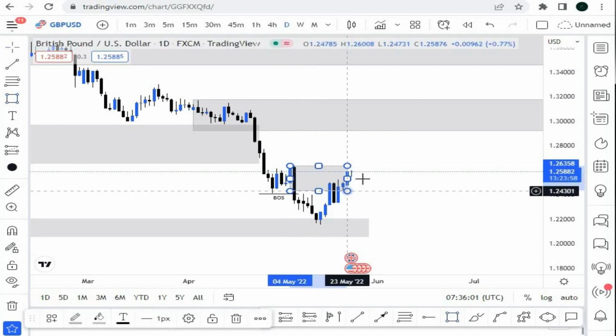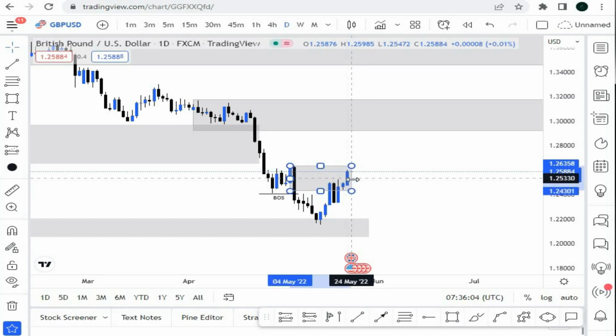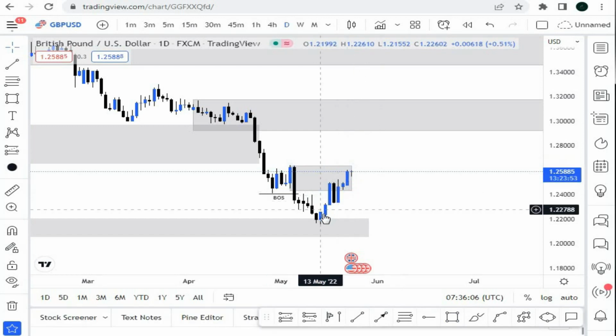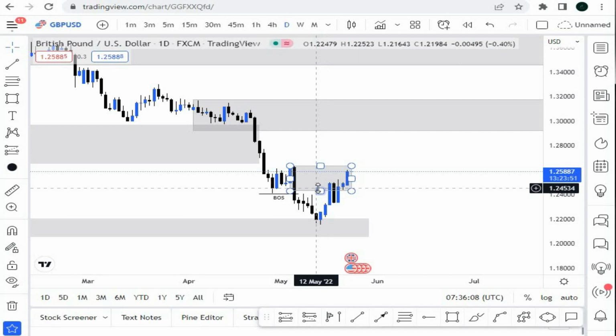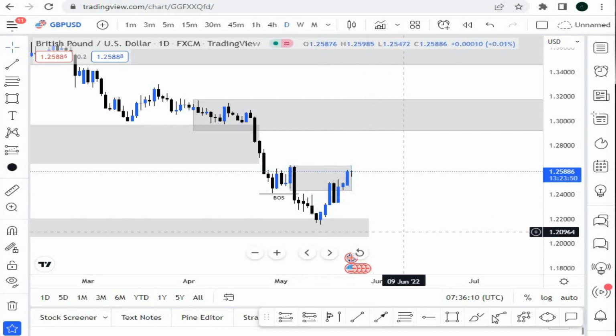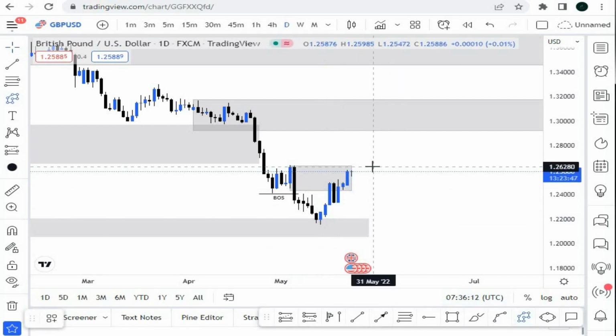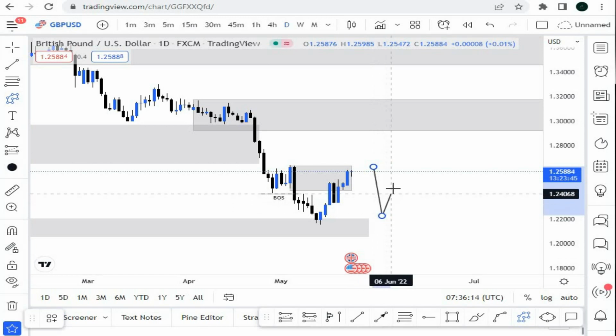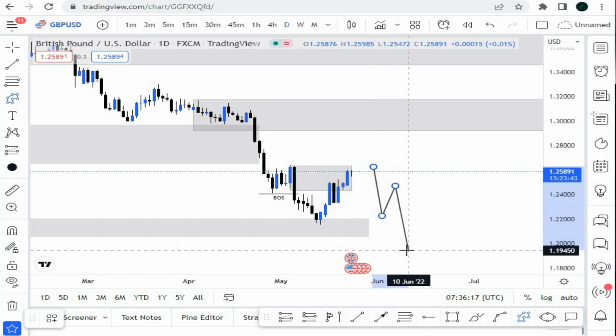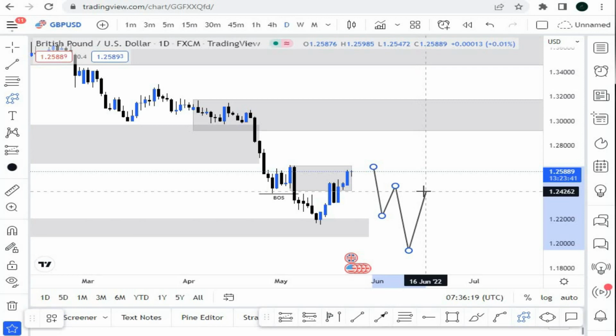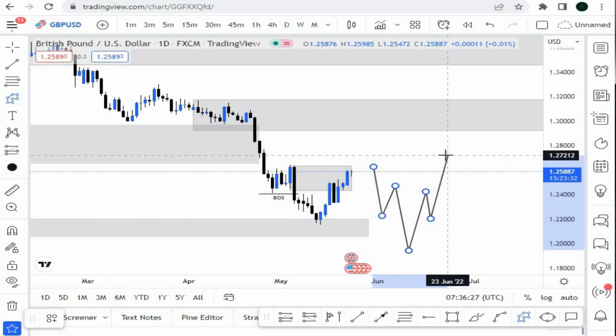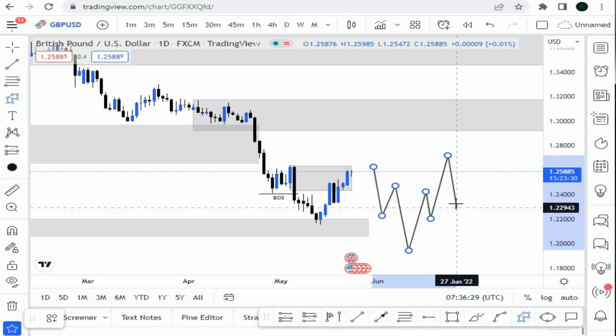So for you to validate this supply zone area now, you have to understand the price approach, because if the price approach is something like this, let's say the price has created something like this, and then the price just comes down like this, that supply zone will now become weak supply, because price can also do something like this and break it, and then that's when you can expect a correction, right?